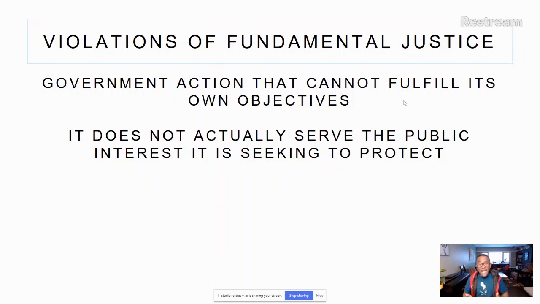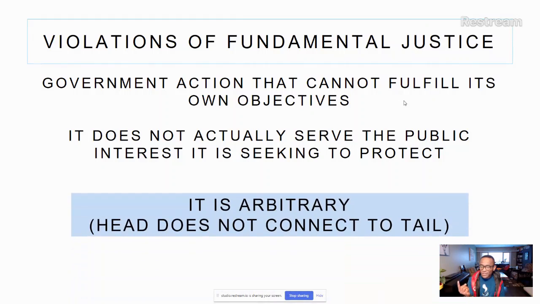Or if government action in implementing that law does not meet the objectives set out initially, so it does not actually serve to protect the public interest it is seeking to protect. That is one way you can know that the government has violated fundamental justice.